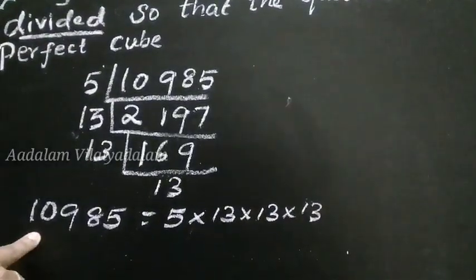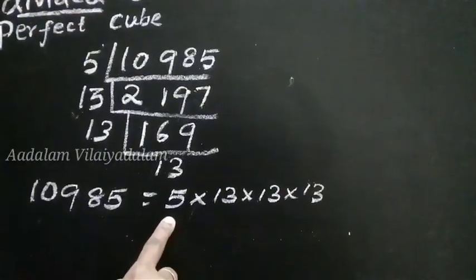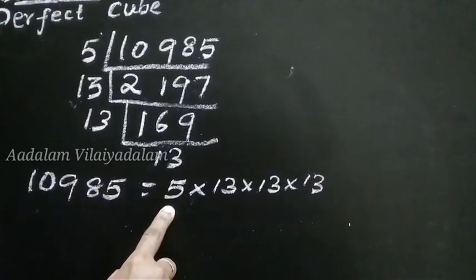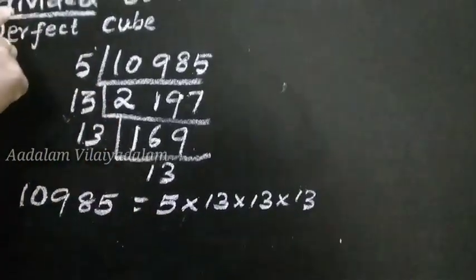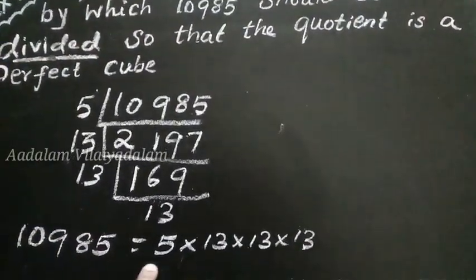Here 10,985 is not a perfect cube, because we need 2 more 5s to make a perfect cube. Therefore, what is the question here? Which number should we divide by? So divide by 5 on both sides, and the 5s cancel. So to make 10,985 a perfect cube, we divide by 5.